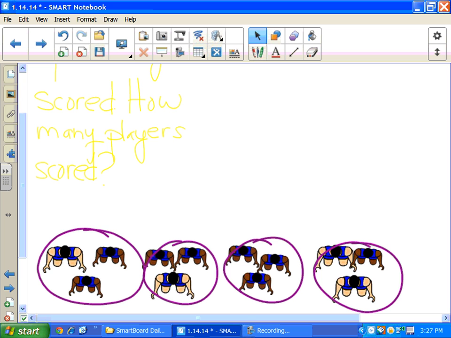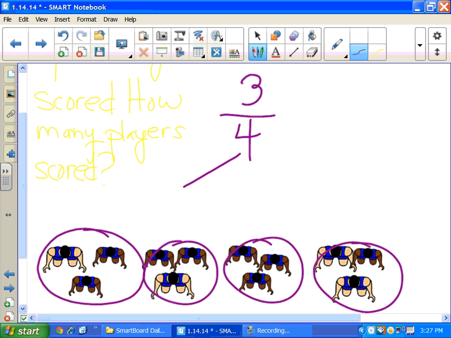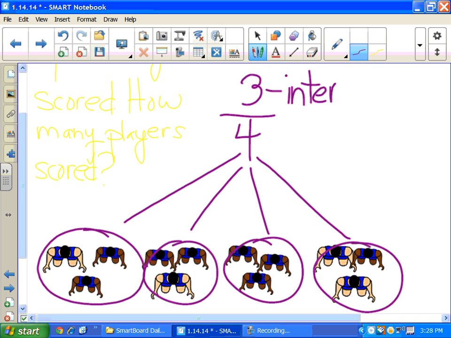So now, to go back to the question, we were looking for 3/4. I've divided my team into 4 equal groups. But now the key is, how many of those groups am I interested in? I am interested in 3 of those groups that scored.